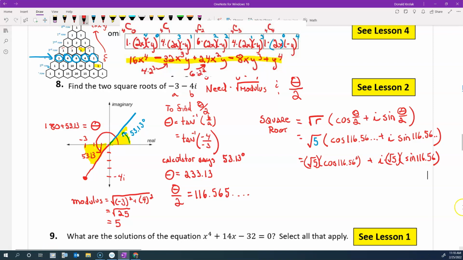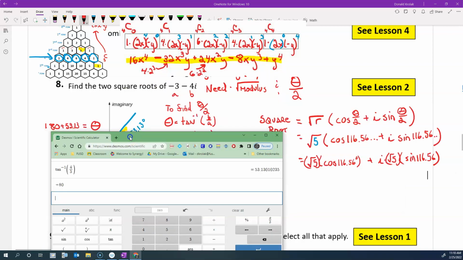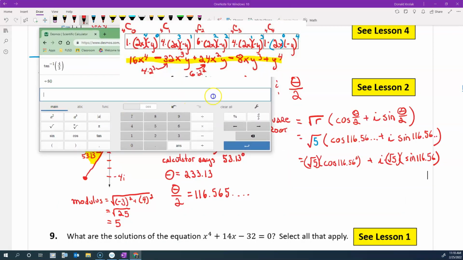Okay, and when I do that, let's see, clear. So I'm going to go square root 5 times, whoops, I don't want that under the square root. Let's get rid of that, clear.